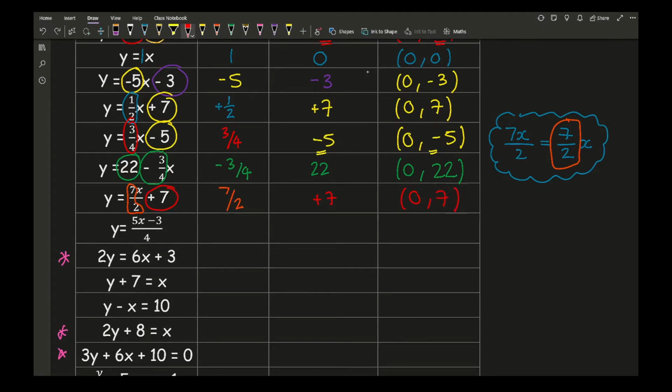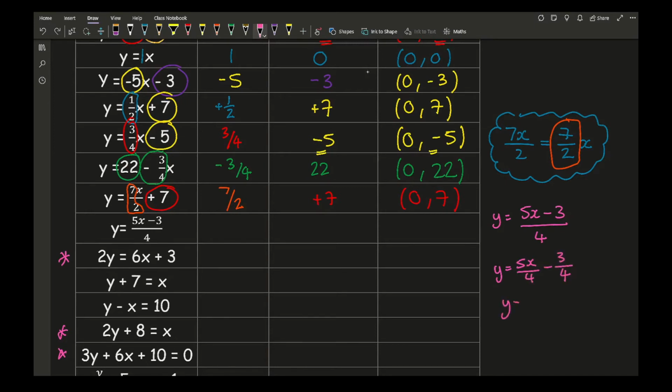And then moving on to this one here. I've got y equals 5x minus 3, all divided by 4. Now, if you do have a question that looks like this, how you want to write it is to split the fraction into two fractions. So I've got 5x over 4 minus 3 over 4.